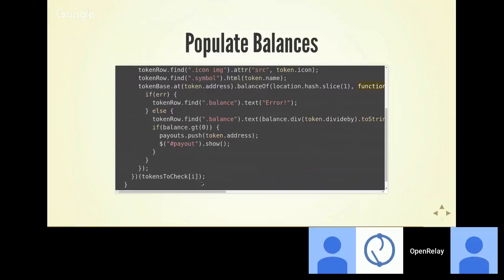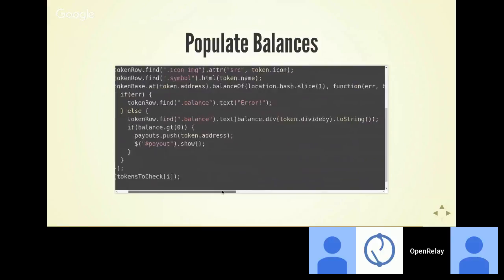If we didn't get an error, we fill in the balance with the balance we got back from the result. Now, this balance that we got back from calling the function is going to be in the base units. So we divide by whatever its divisor is and fill that in.